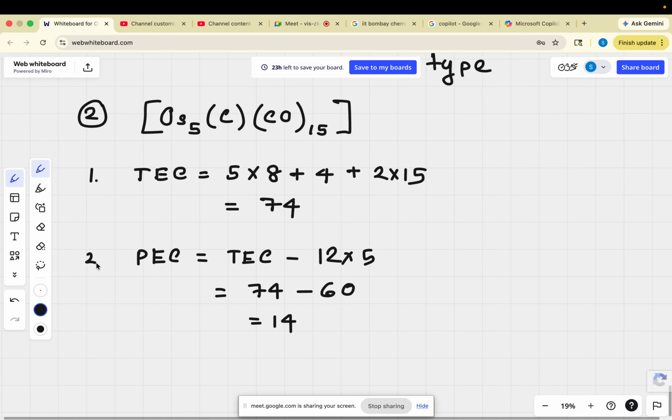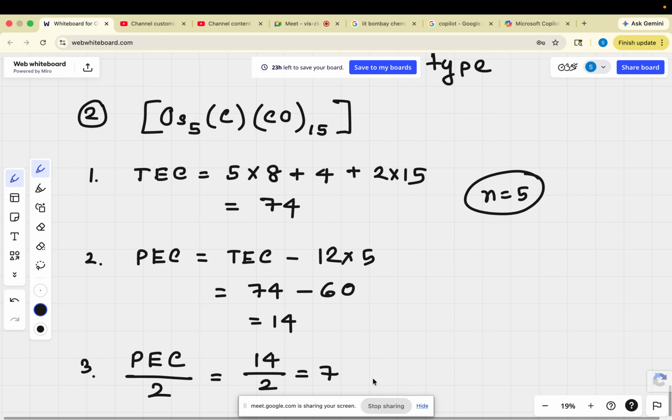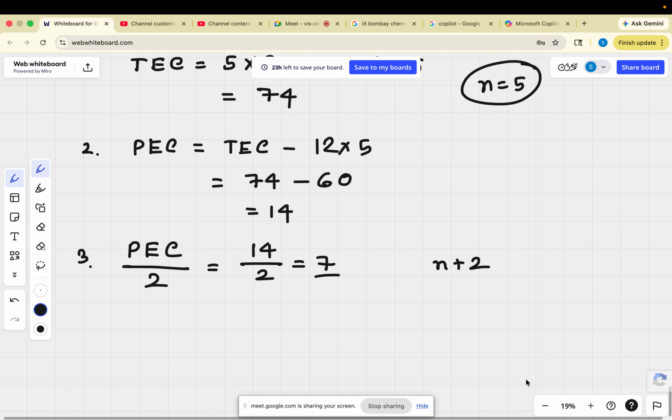This is number 1, this is number 2, and number 3 will be PEC divided by 2. 14 by 2 is equal to 7. Here the n value is 5, and what you are getting is 7, which means n plus 2. So that will be nido type. Okay. Yes, sir.